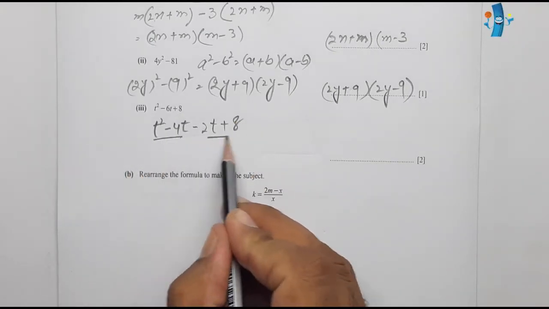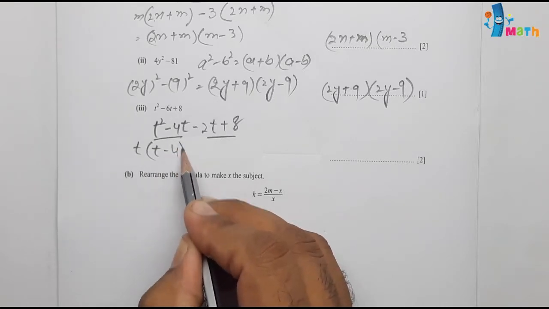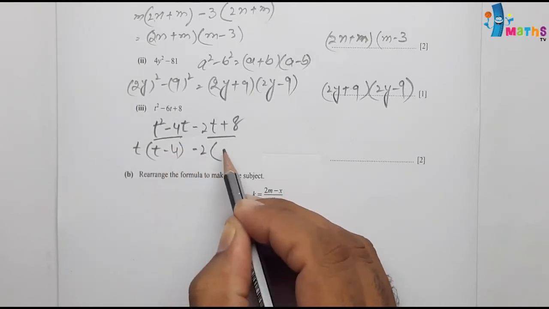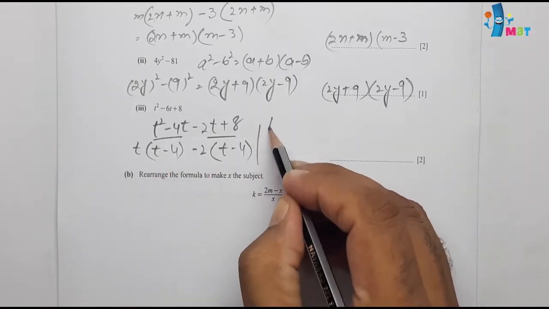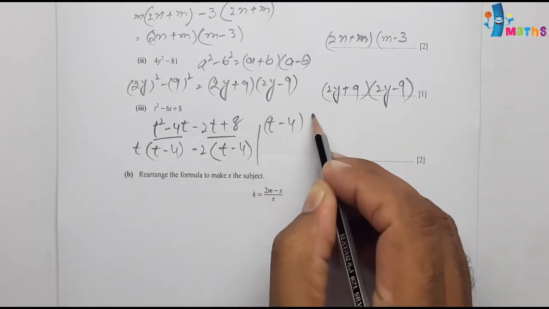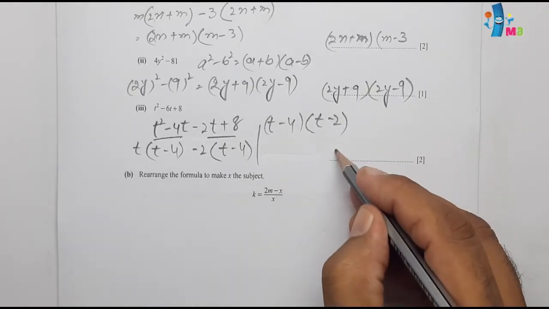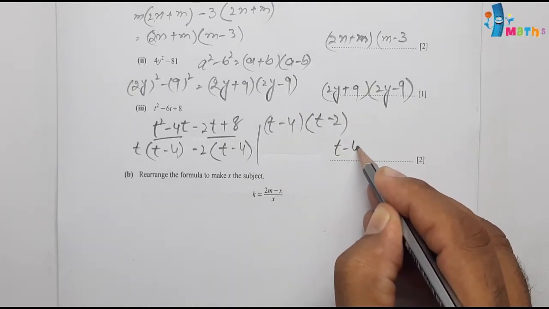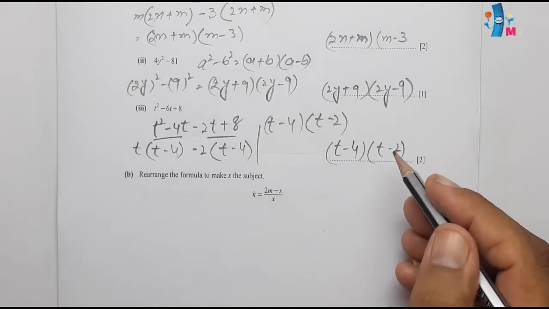So we can make pairs. So t will be common, t minus 4; minus 2 common, and t minus 4. Now we can combine and write t minus 4 into t minus 2. This will be our answer. So t minus 4 and t minus 2, this will be the answer.